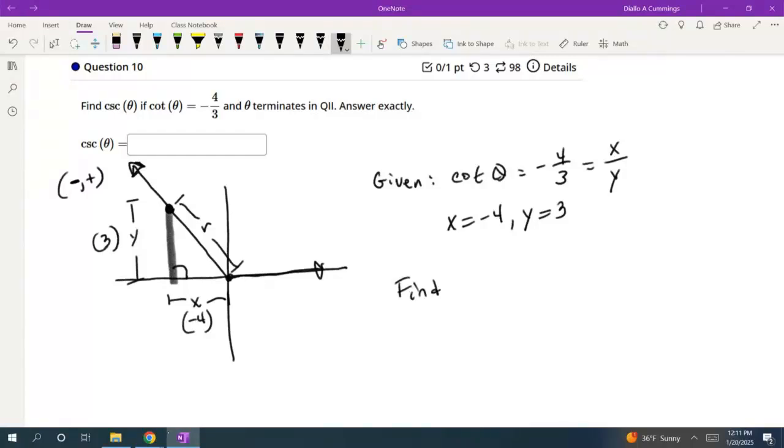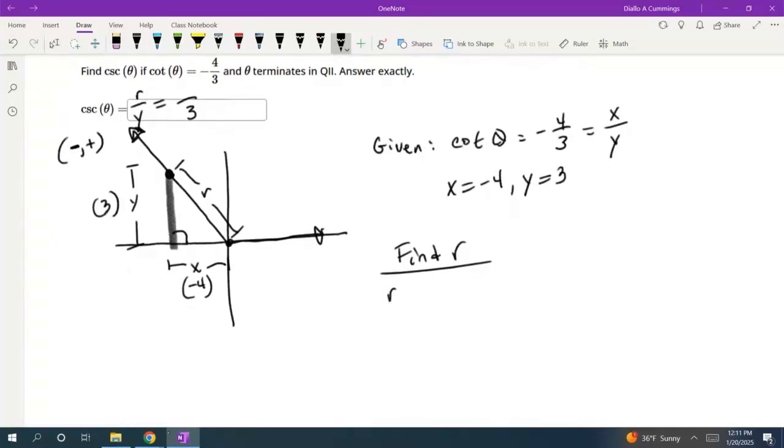And now we're going to find r, because the cosecant has the formula r over y. So we already know y. Y is 3. So next we have to find r. We're going to use that Pythagorean theorem. R is equal to the square root of x squared plus y squared.